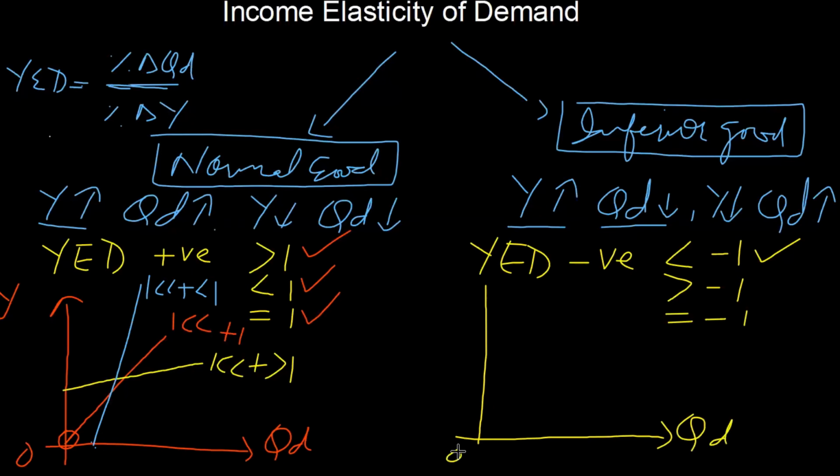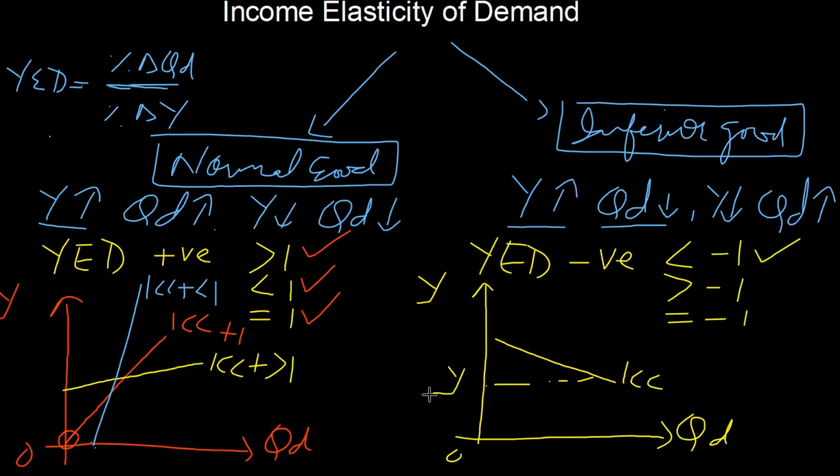So again we draw the graph, quantity demanded on the x-axis and income on the y-axis, and if income elasticity of demand is greater than 1, then the ICC curve would be flatter, and this flatter ICC curve shows that a small change in income will lead to a greater change in quantity demanded.